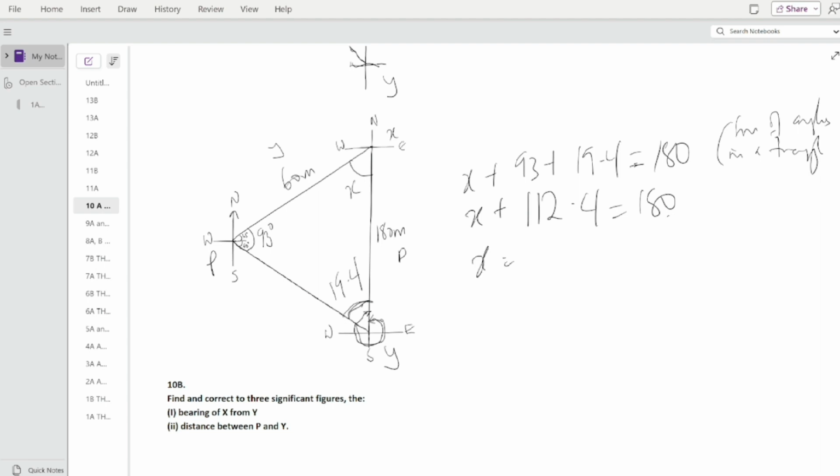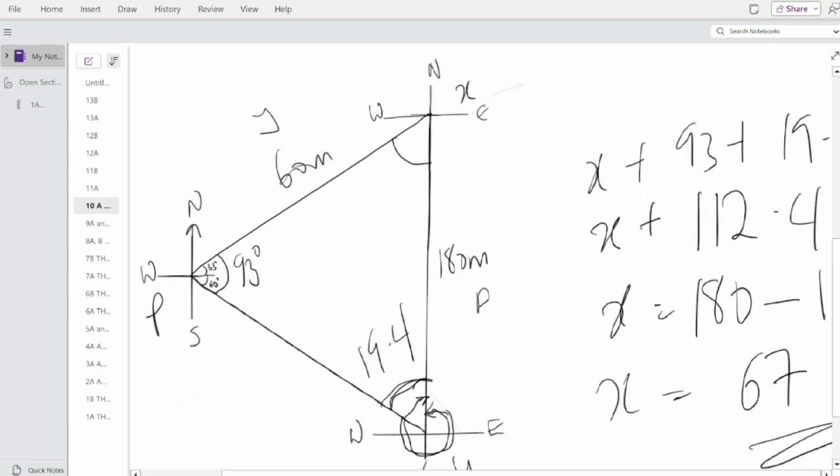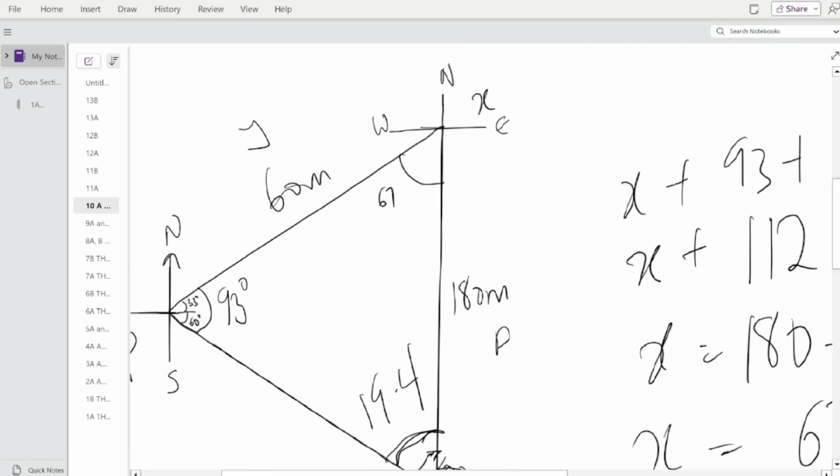X is equal to, you take out the 112.4, 180 minus, because the 112.4 has a plus, you take it out, it becomes minus 112.4. X is equal to 180 minus 112.4 will give you 67.6 degrees. So we'll have our angle X to be 67.6 degrees.